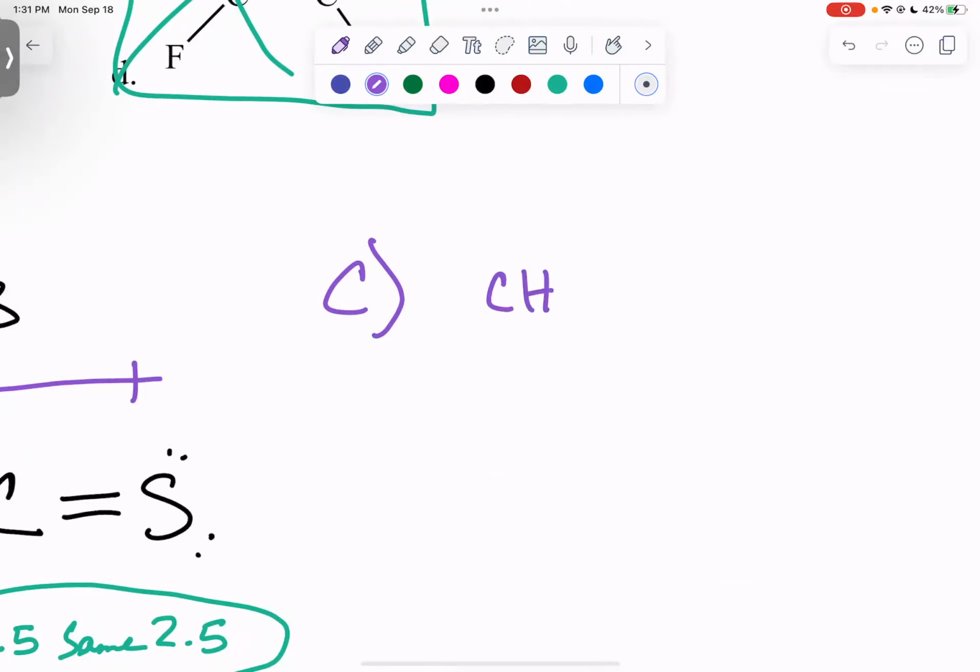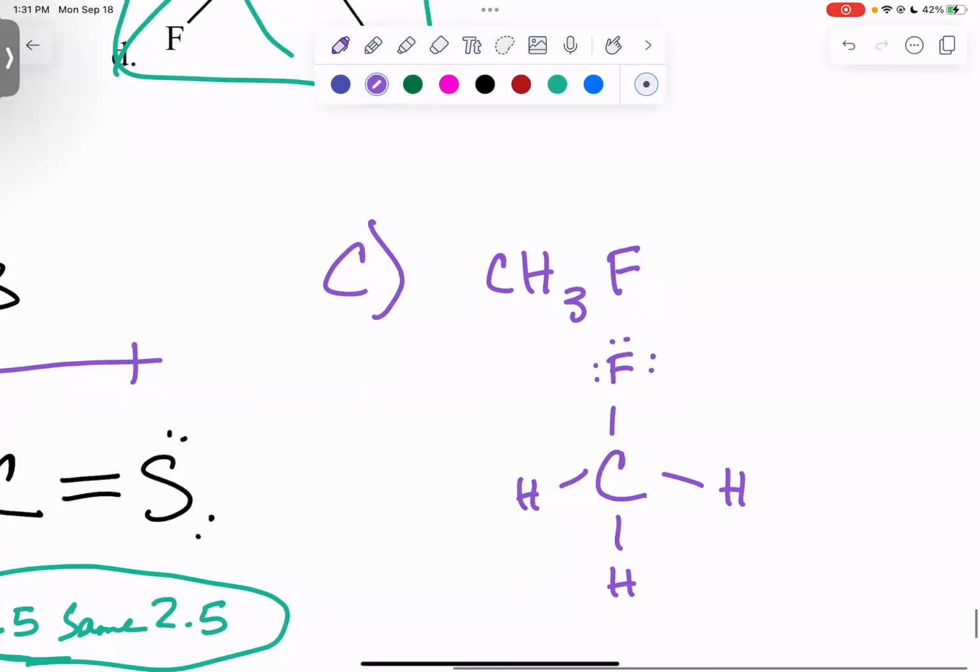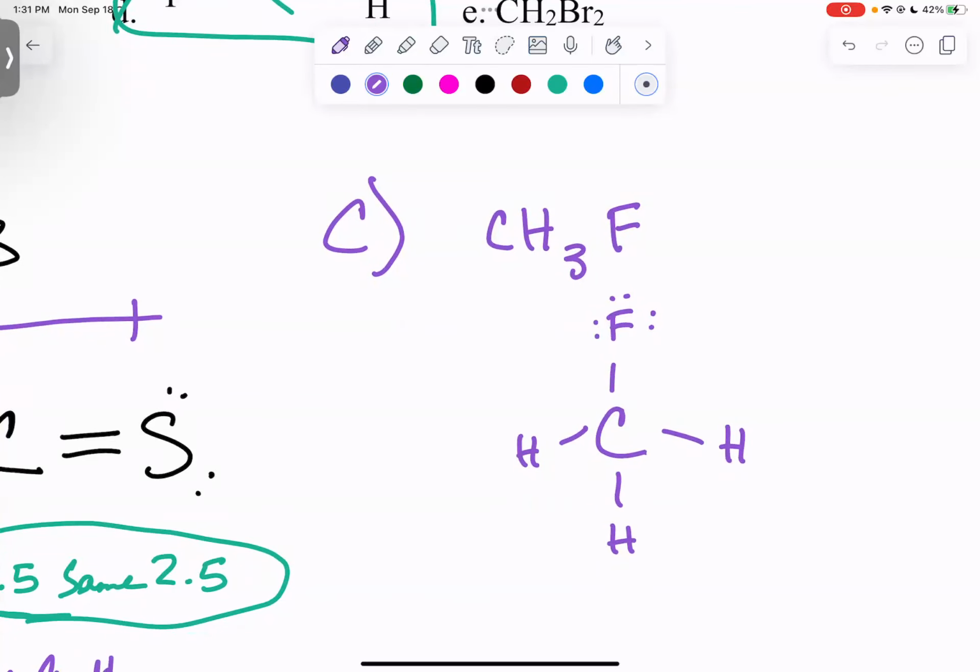CH3F. Okay, so carbon's my central atom. I'll have a fluorine and 3 hydrogens. Okay, so here's my structure. Remember my carbon-hydrogen bonds, those are all non-polar bonds, but my fluorine-carbon is not.